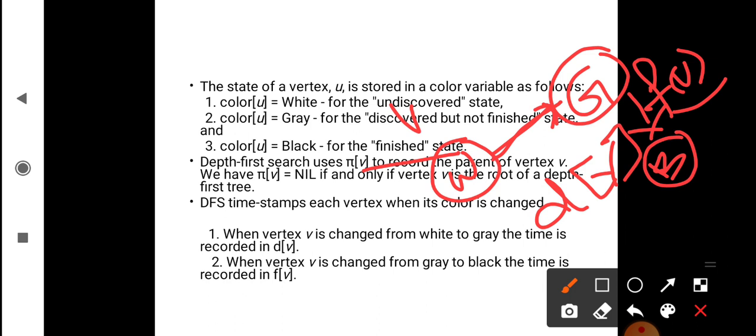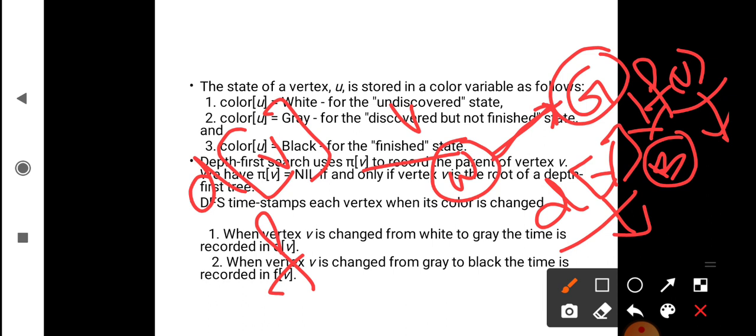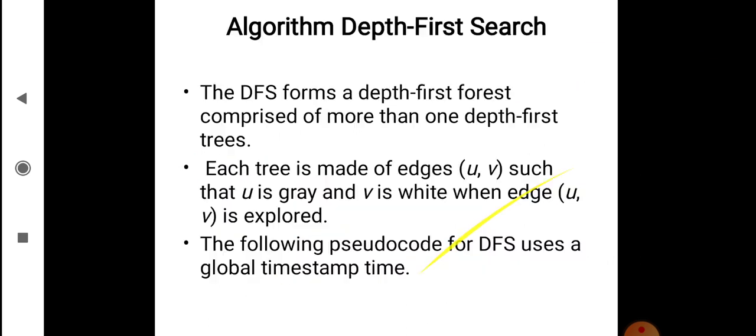So the two timestamps are discovered time D of V and finished time F of V.